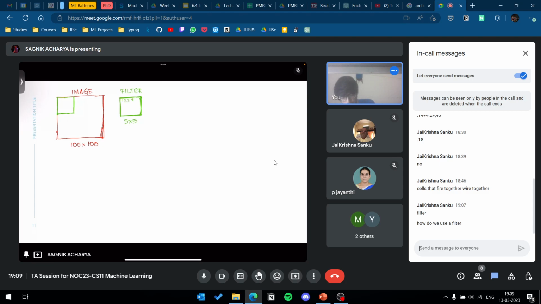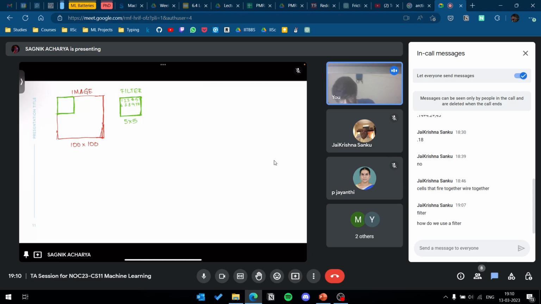So 1 2 3 4, we'll have numbers like this all the way in this filter. You can have any number that you want, but anyway, we'll put this filter over here at the top left corner. This filter now overlaps with 25 cells of the image, right?